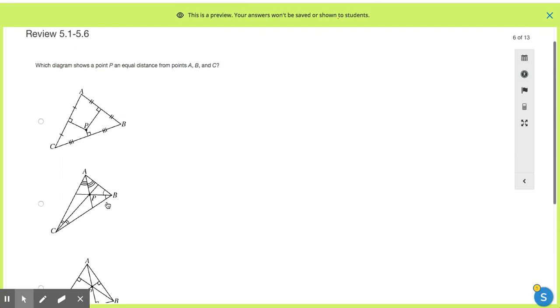So the one that tells us that the three lines that are concurrent give us a point of concurrency that is equidistant from the vertices is A, the perpendicular bisectors.